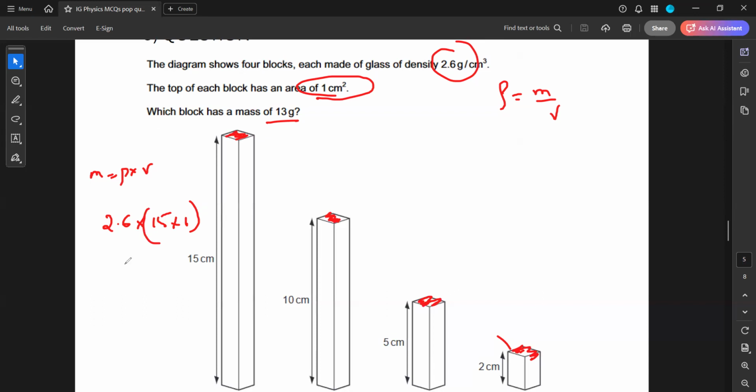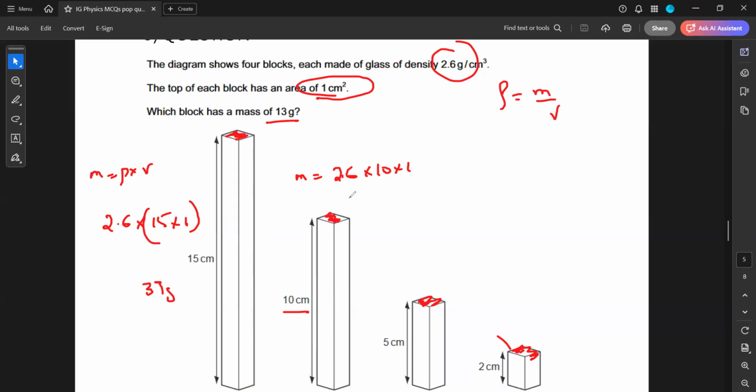So 2.6 multiplied by 15 will be 39 grams. In the same way, the mass of the second one is density 2.6 multiplied by volume. The length is 10 and the area is 1.